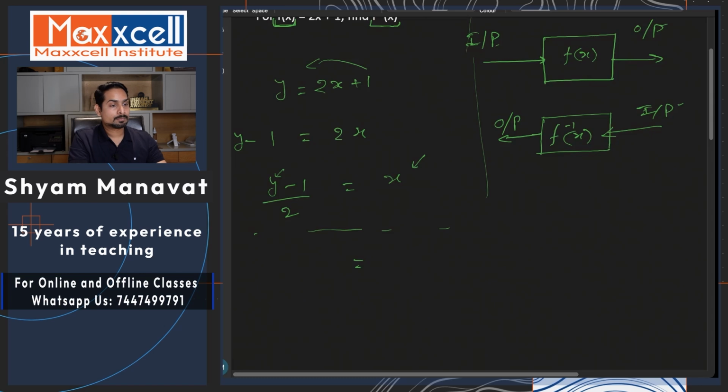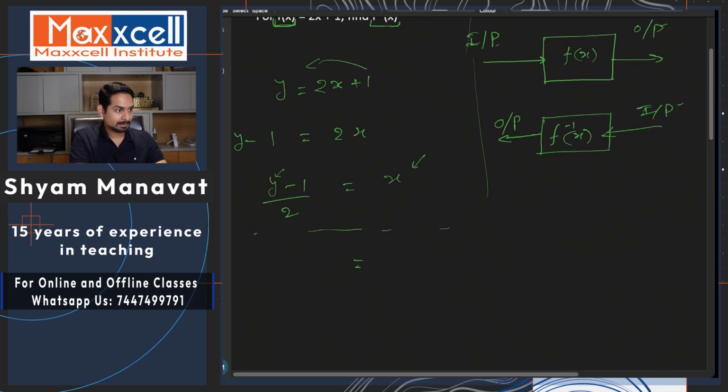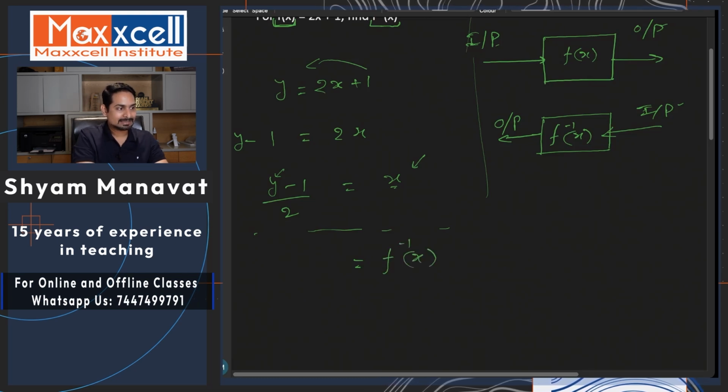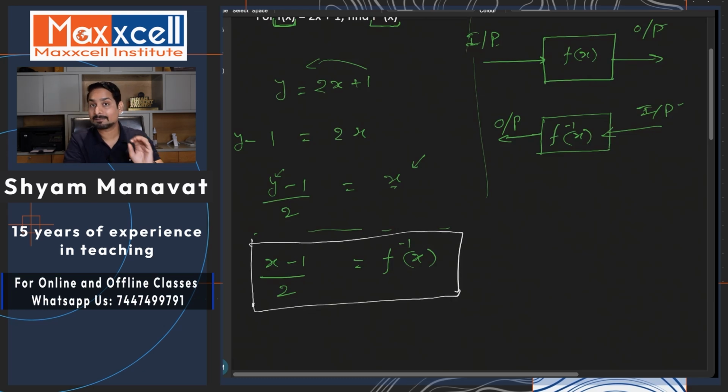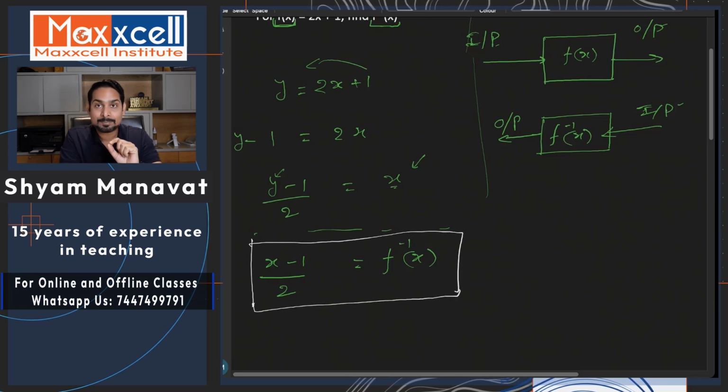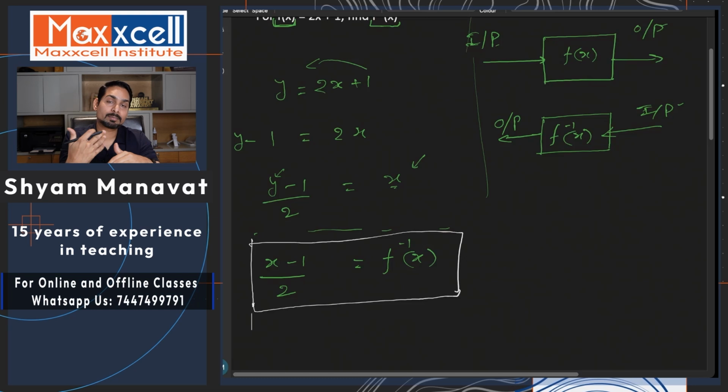After this, instead of x you write inverse, and this y as x. Here many students get confused. That's the way of writing the inverse function, where the input becomes output and output becomes input.